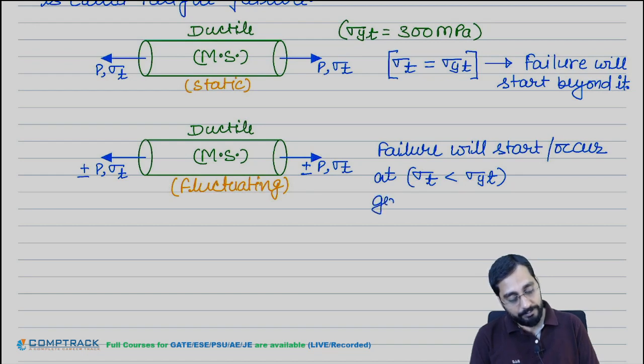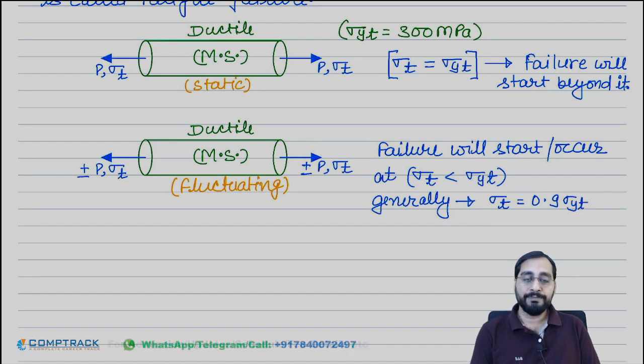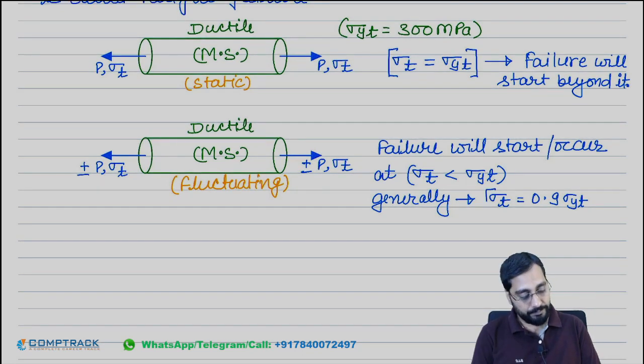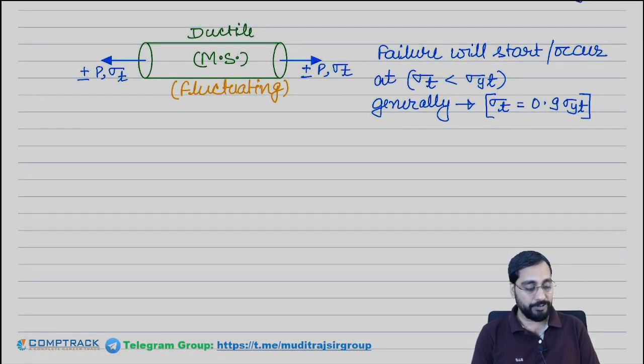Generally, at 0.9 of sigma yt, failure will start. So this will be the condition.